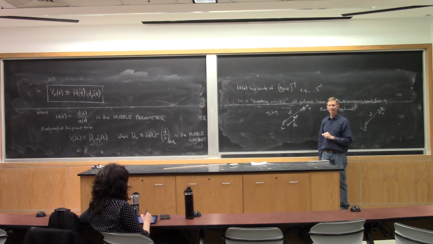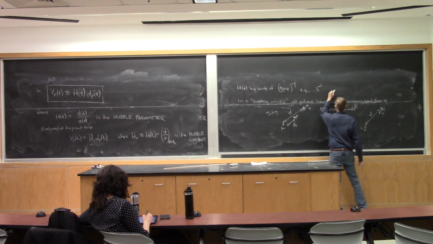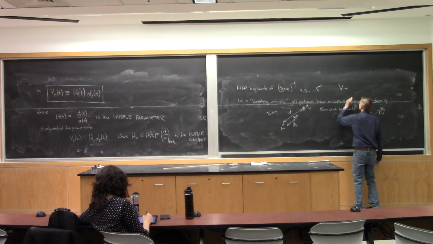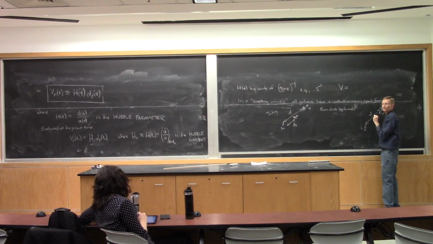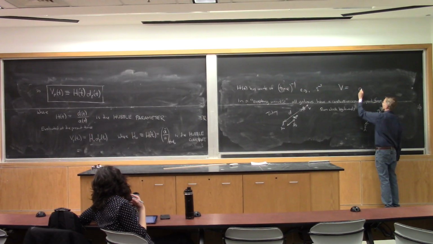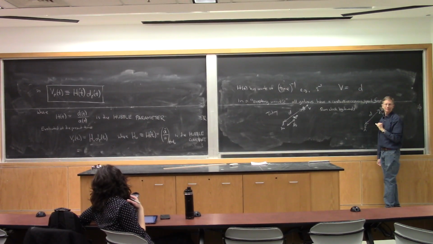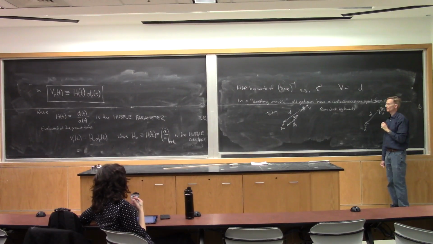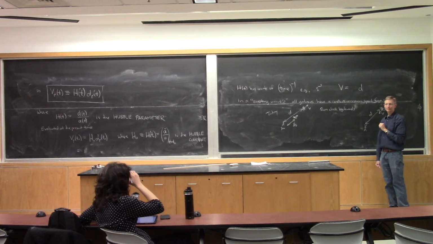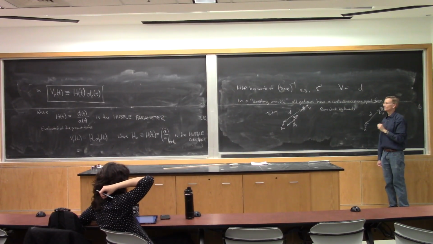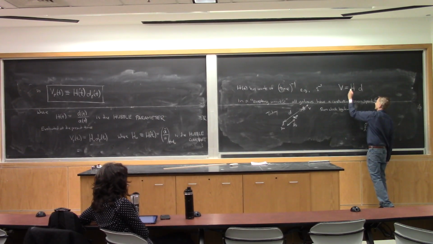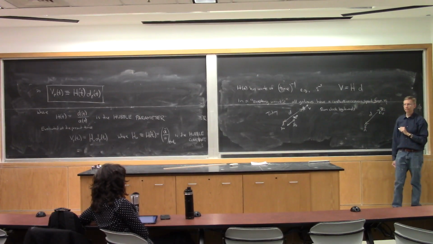What's the Hubble law say? V and D are related how according to Hubble? Expansion of the universe. V is HD.